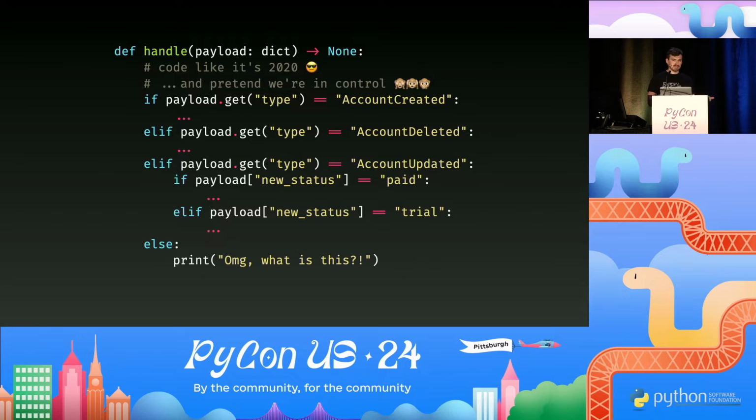The types of messages, especially in an event-driven architecture, can change over time. So we will find ourselves going back to this function, modifying it over and over again. And sometimes, like with account updated, we may find ourselves in a situation where we want to actually distinguish two specific sub-situations, so to speak: whenever someone updated to paid or set to trial.